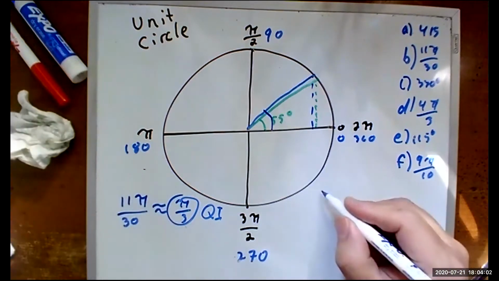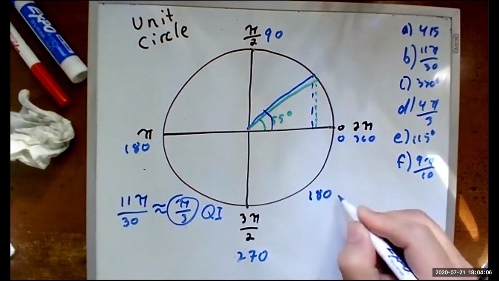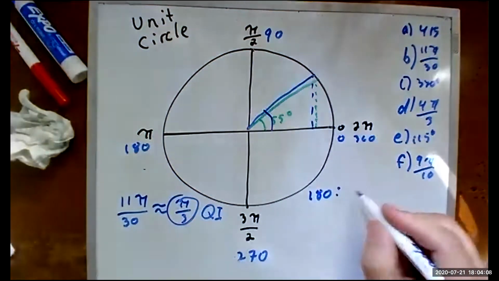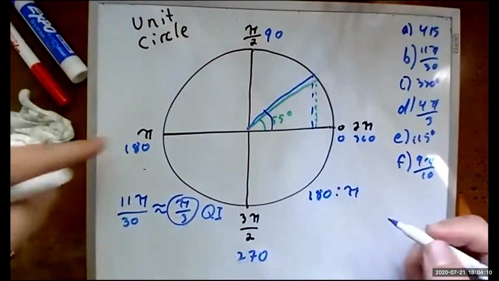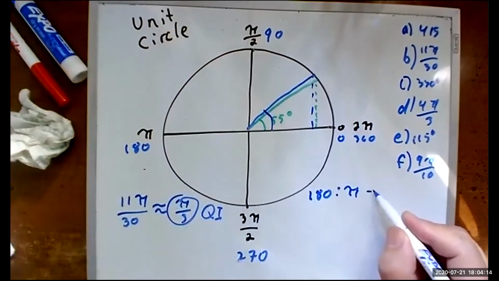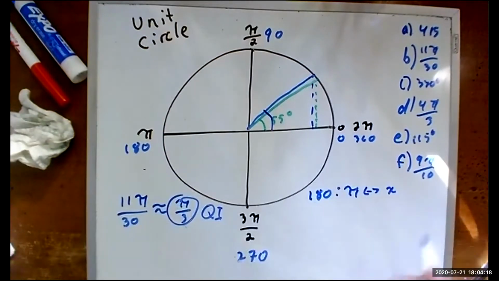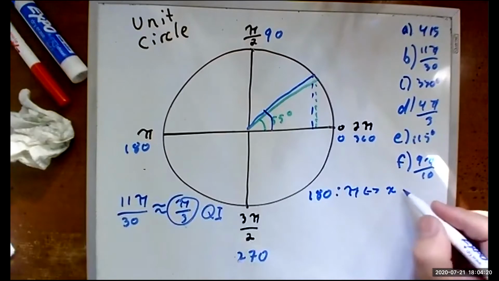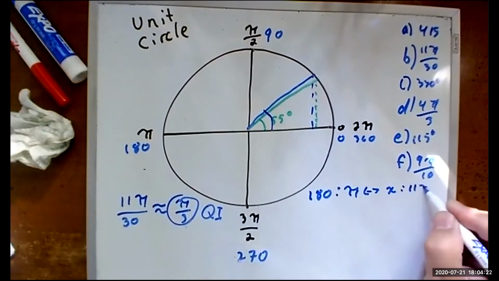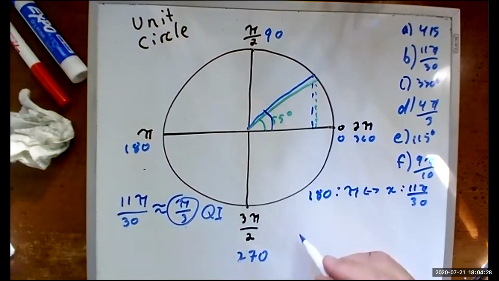We've been through this process before. We know that 180 degrees matches with pi. We've done that there. And this then has to match with the degrees that we're trying to find, and 11 pi over 30. I know that's a little bit tiny. I'll make this larger as I come through here. So then what we're looking for are fractions on this.